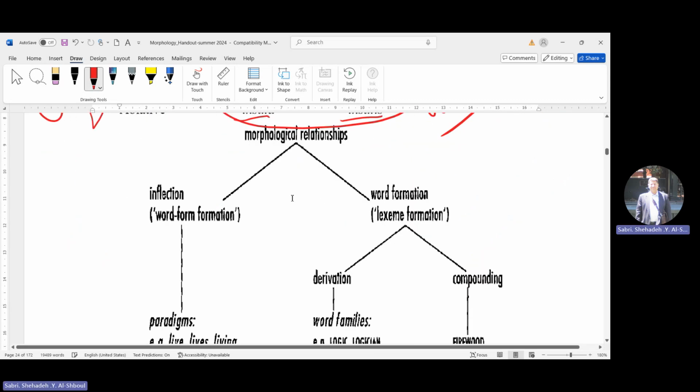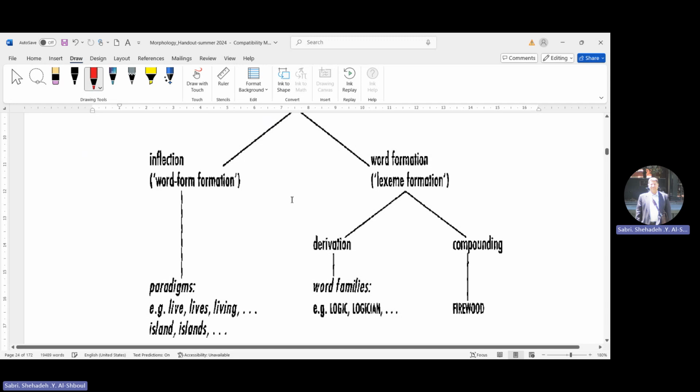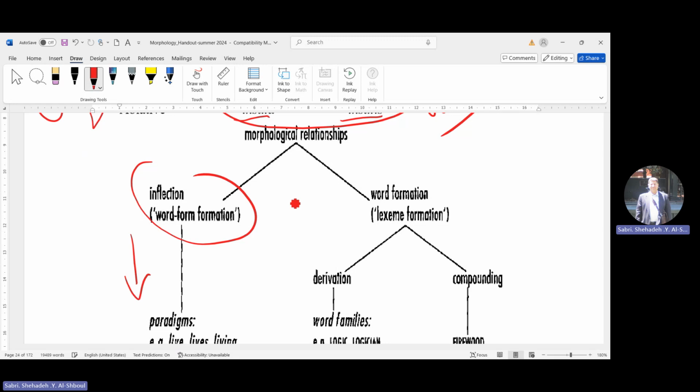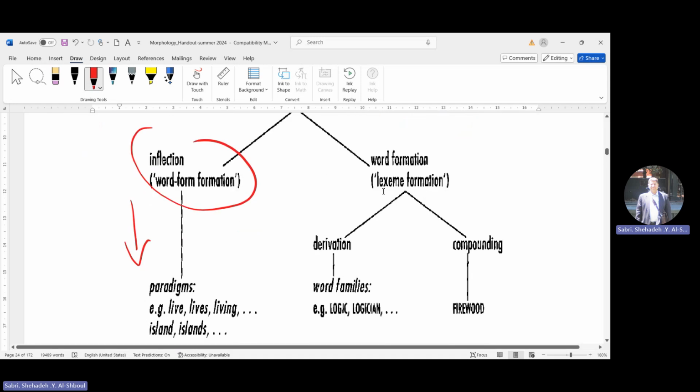So the morphological relationships in general: the first relationship is inflection, where the paradigm is reflected, so we have a paradigmatic relationship. And we have word formation, where we have lexeme formation. We have different lexemes, and in this formation we have actually word families.